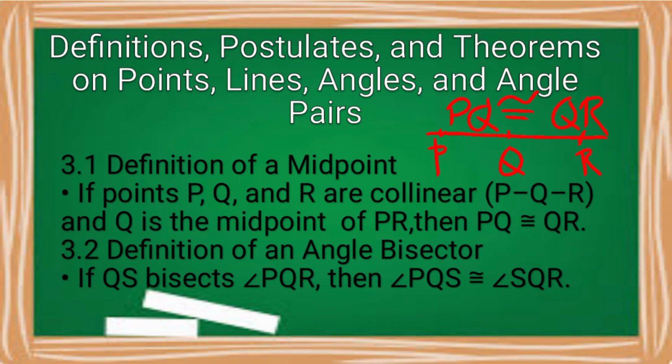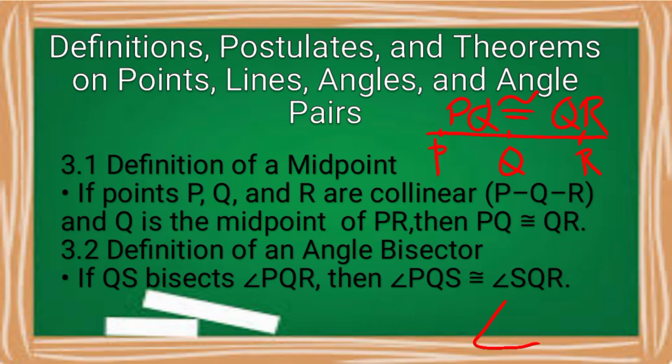Next, definition of an angle bisector. If QS bisects angle PQR, then angle PQS is congruent to angle SQR. For example, this is an angle.